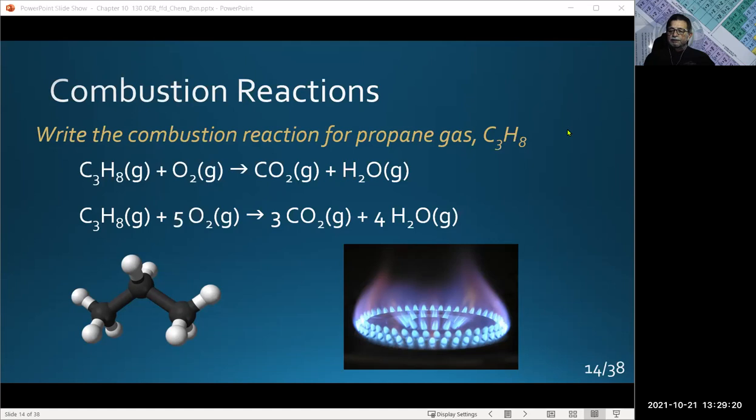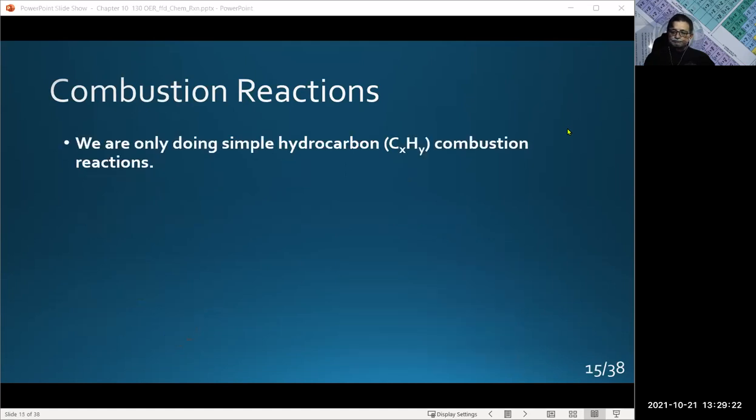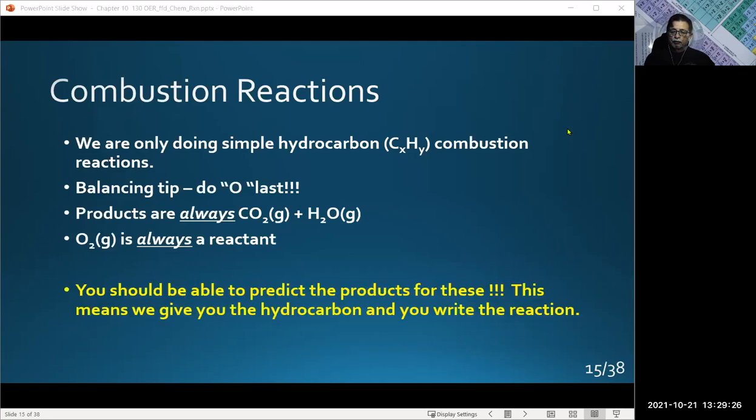That is a combustion reaction. What this does is go over what I just said about balancing it. Balance the carbons first, followed by balancing the hydrogens, and then finally at the end, balance the oxygens. Remember that you're combusting a hydrocarbon with oxygen, and you're always going to get carbon dioxide and water.